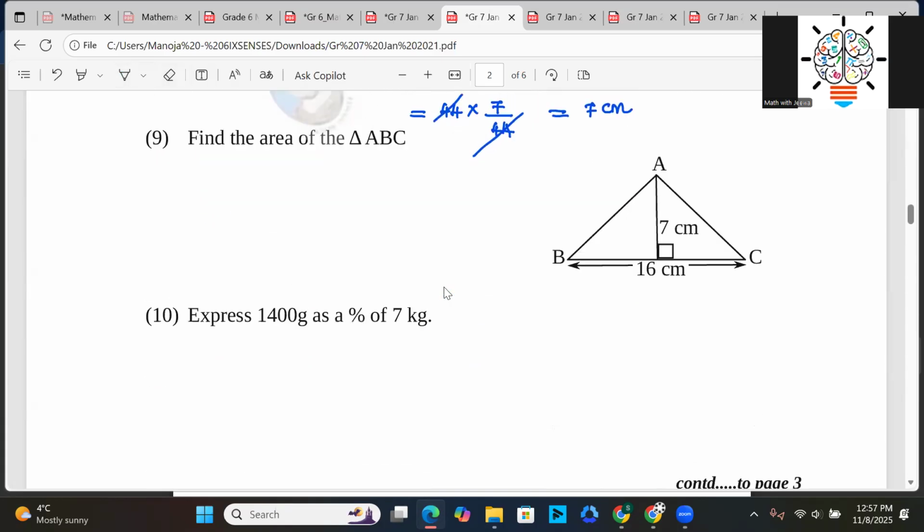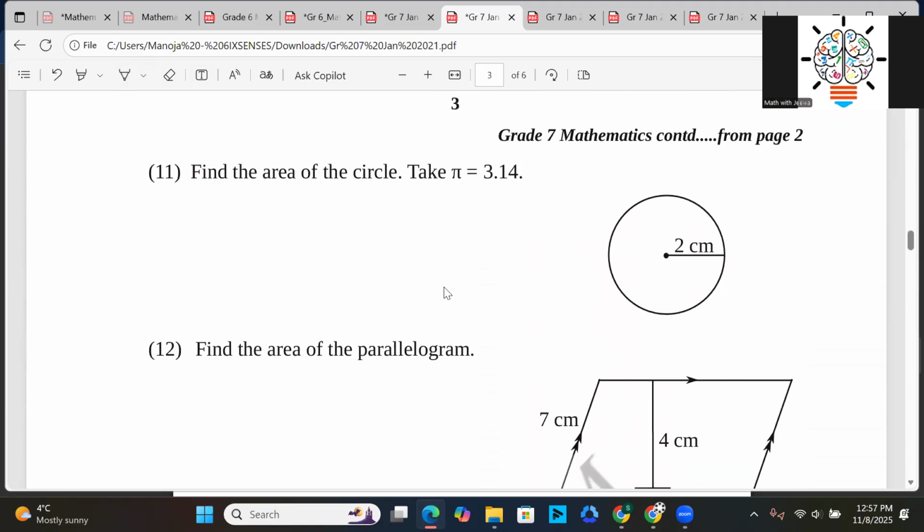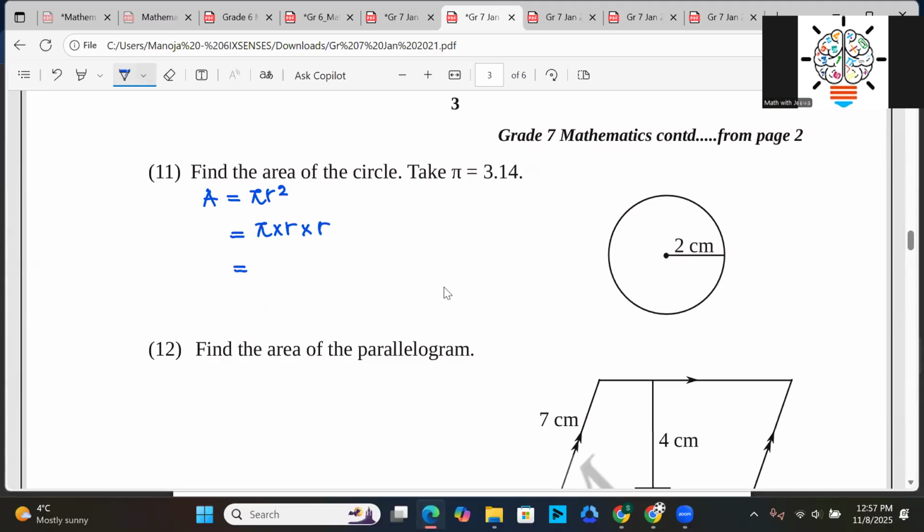Right? Then we will move to the next question we have. Find the area of the circle. How do you get the area? So then you have πr squared, and then I write π times r times r. So then I have 3.14 multiplied by 2 and multiplied by 2. So then 2 times 2, it is 4.